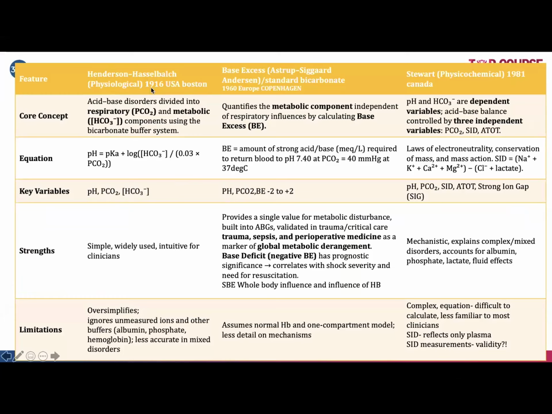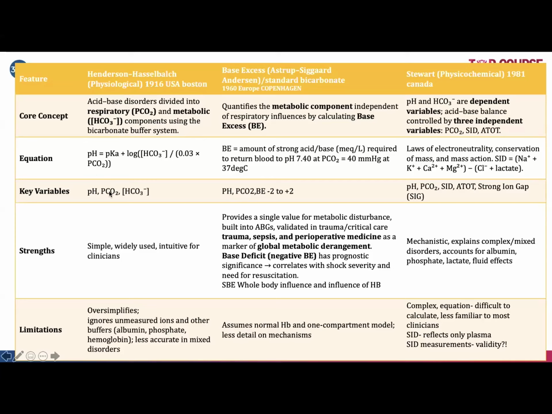This was first introduced in the US in 1916, okay? The core concept is that it takes into account the respiratory and the metabolic components using the bicarbonate buffer system. This is based on the Henderson-Hasselbalch equation, where pH is equal to pKa plus log of bicarbonate divided by PCO2.